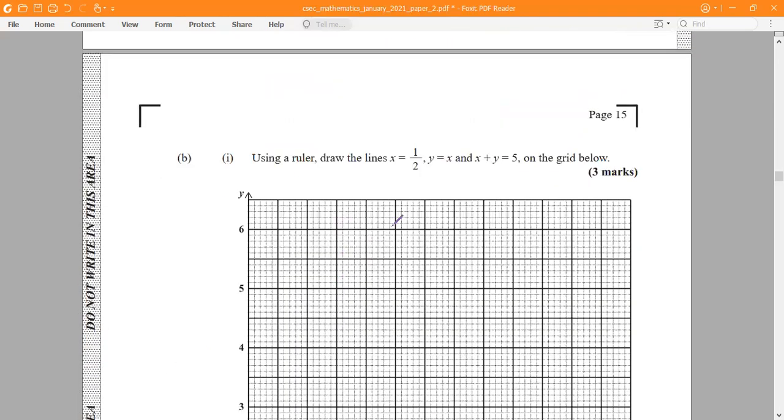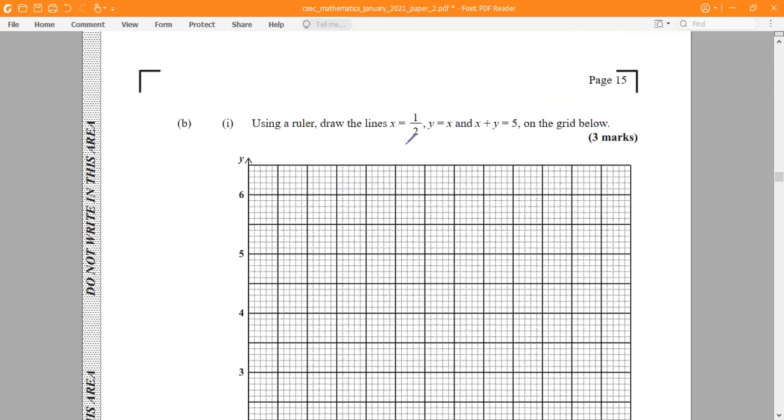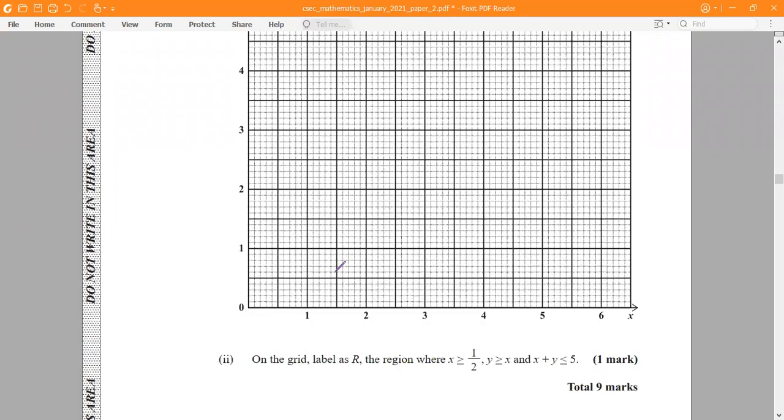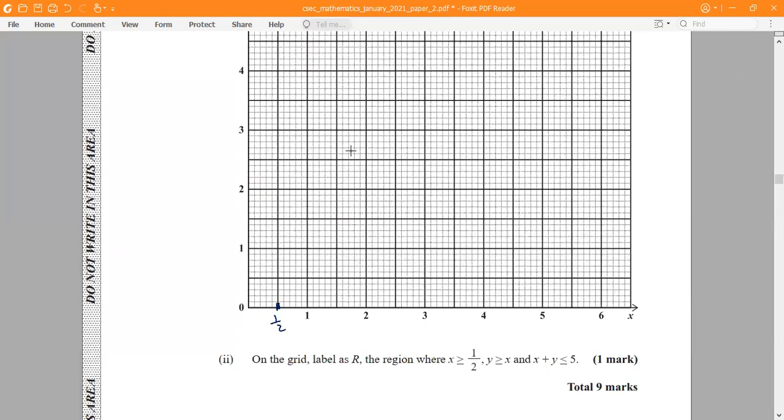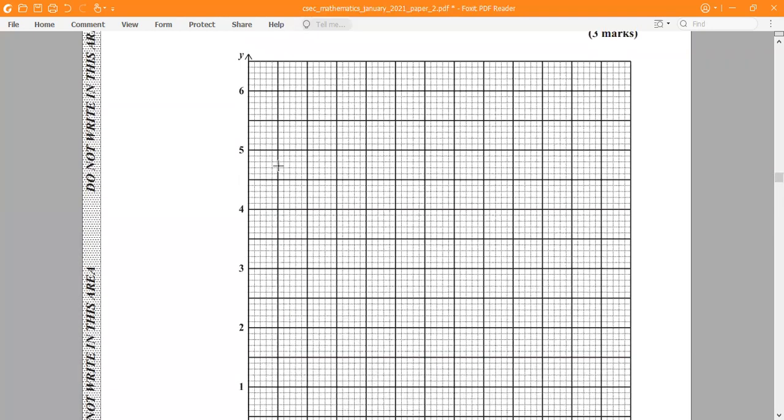All right, now it's time to do some coordinate geometry. So we are asked to draw the line x equal to 1/2. So we look at the grid, and 1/2 is right here. There's 1/2 here. So therefore, we have to draw a straight line passing through here.